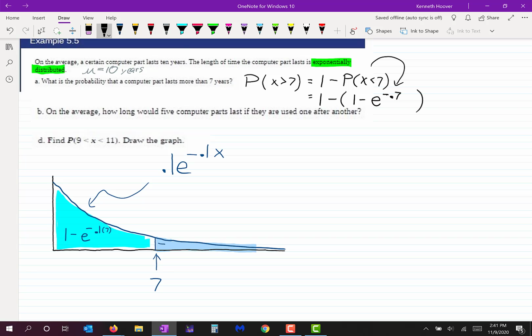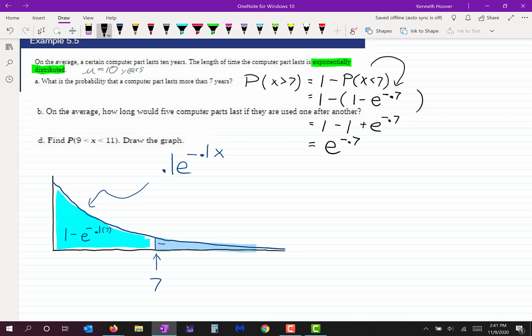So what are we going to get? We're going to get 1 minus 1 plus e to the negative 0.7. And the 1's cancel. Our answer is going to be e to the negative 0.7.